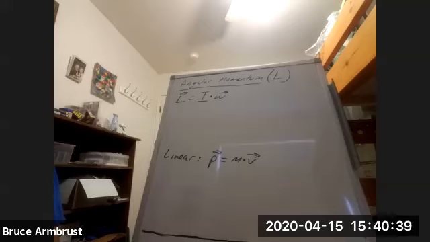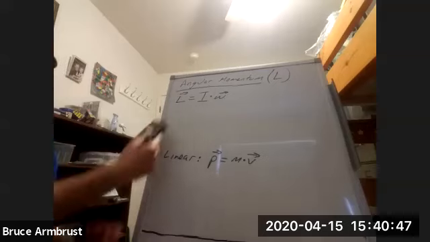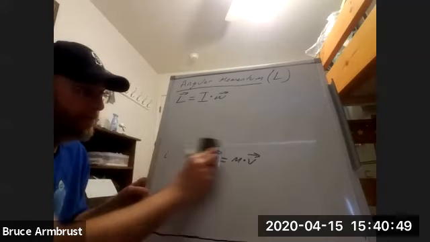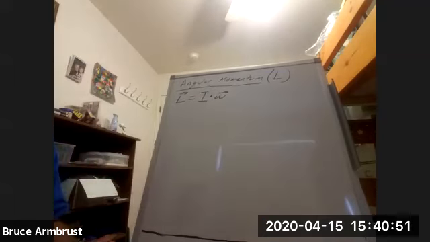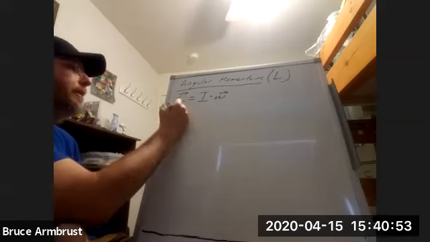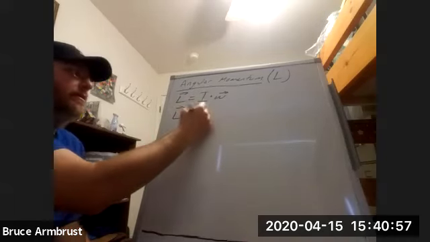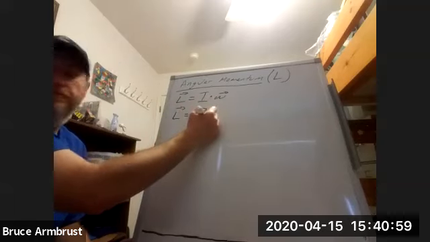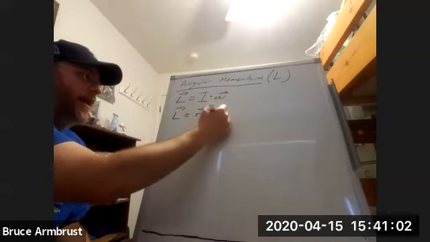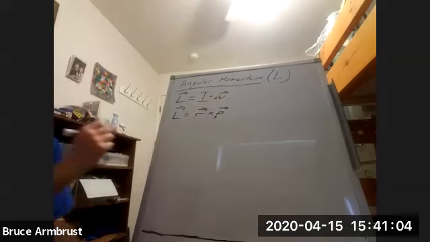So you can see that it actually still works out when we go to this angular business. All right, so it's I times omega, but there are a couple other ways that we can see this. You can also get your L by taking your radial arm and crossing that with your linear momentum.